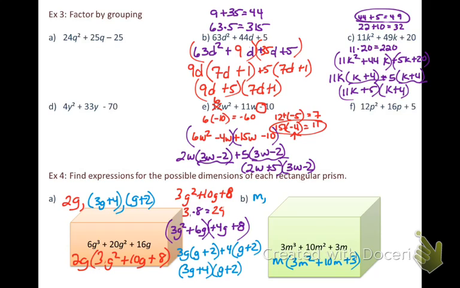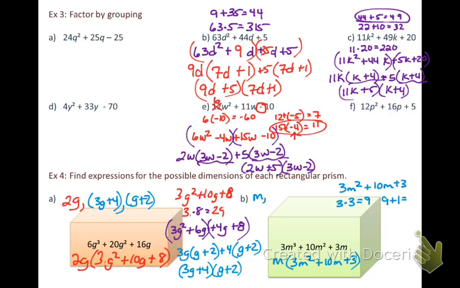And so over here I have 3m squared plus 10m plus 3. And I can multiply together the first and third numbers, so it's 3 times 3. That equals 9. Well, I know there's only 2 sets of factors. 3 plus 3 is not 9, so I'm going to do 9 plus 1, and that's my factors.